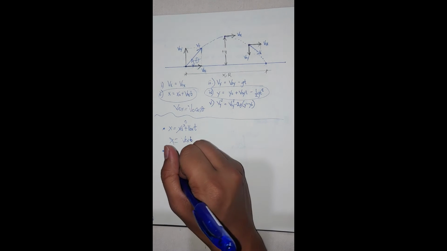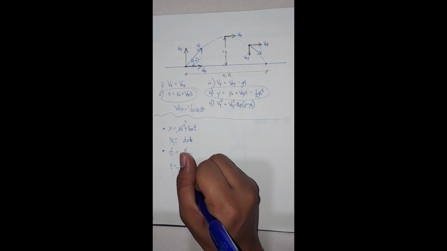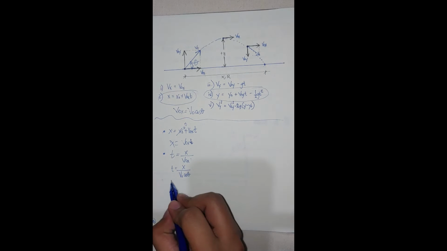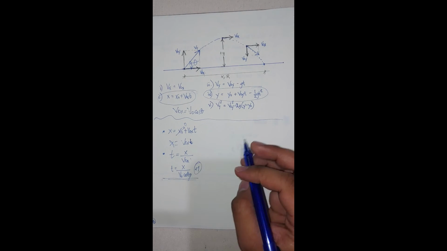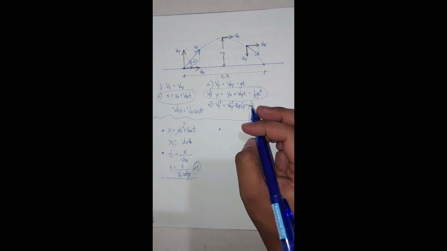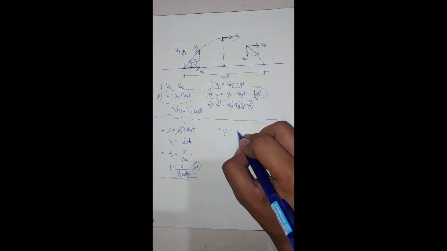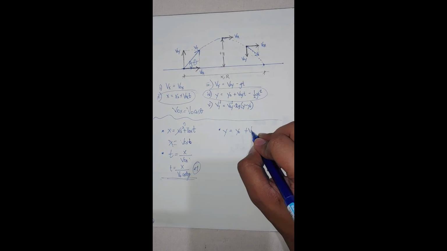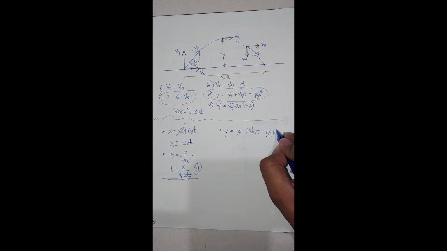So we have time is just equal to x over the initial velocity times cosine theta. Let's say this is our equation 1. Now for our equation 2 sa y component, so we're going to use this one. Y is just equal to y naught plus v o yt minus 1/2 gt squared.